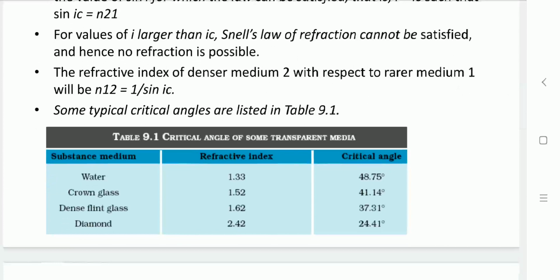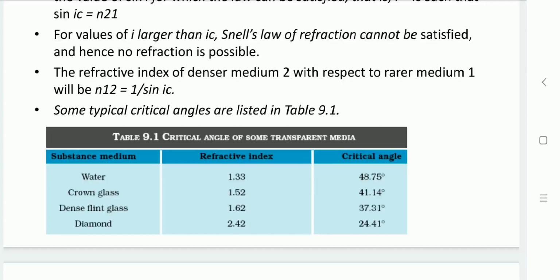Here in the table you can observe some of the media in which the refractive index and critical angle are defined. Water has a refractive index of 1.33 and its critical angle is 48.75. Crown glass has a refractive index of 1.52 and its critical angle is 41.14 degrees.